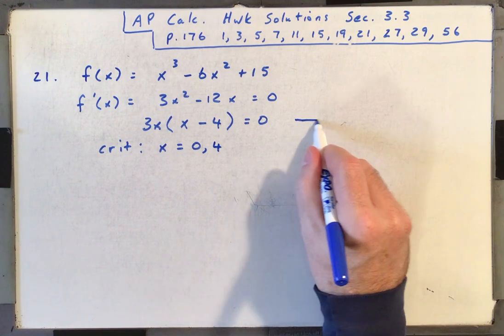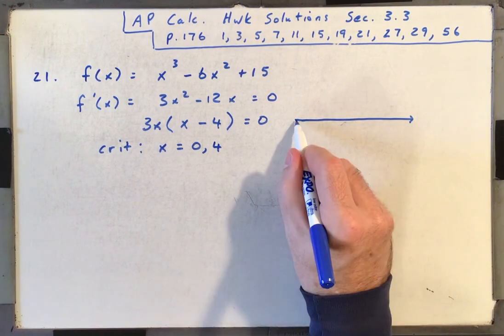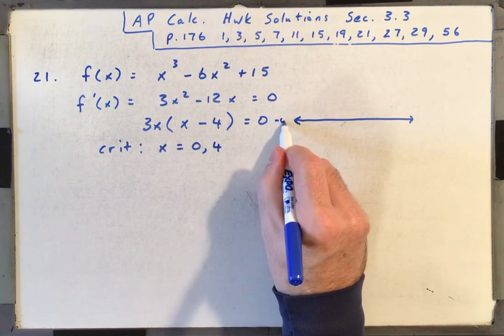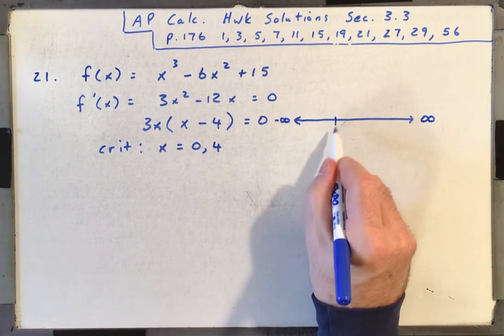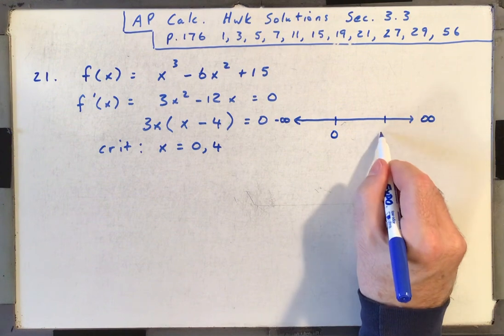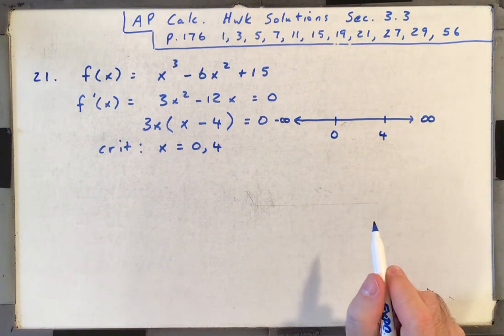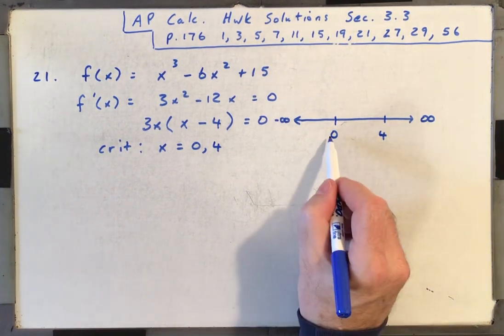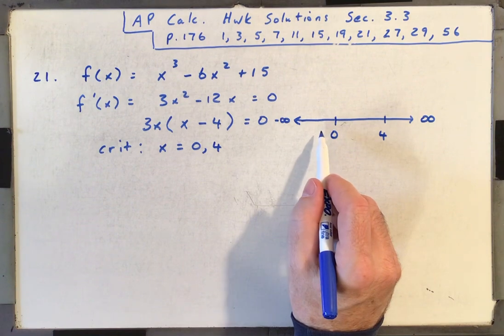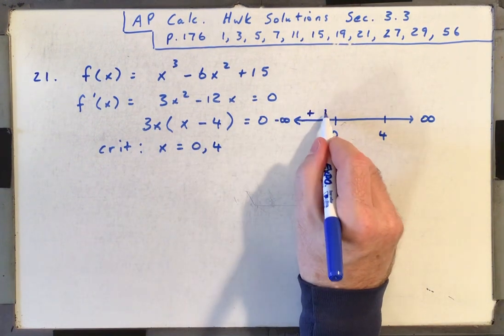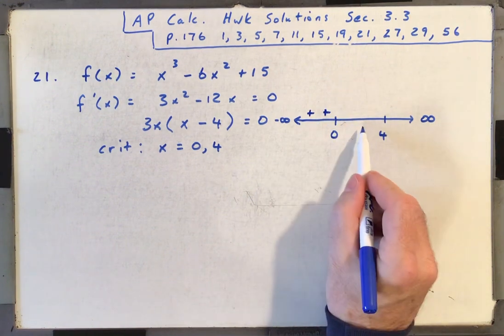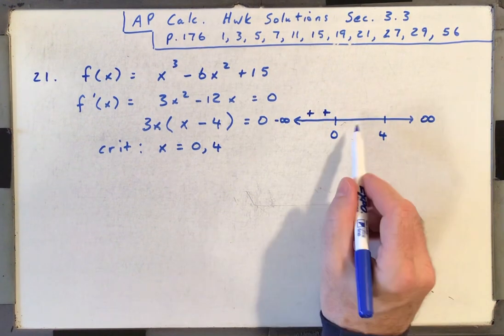And the best place to put your sign line is right next to the easiest place to plug in. So -infinity, infinity, we have a 0 and a 4. Okay, left of 0, I'm going to put in -1. That'd be negative times negative, that's positive. How about a 2? No, 1 would be easier.